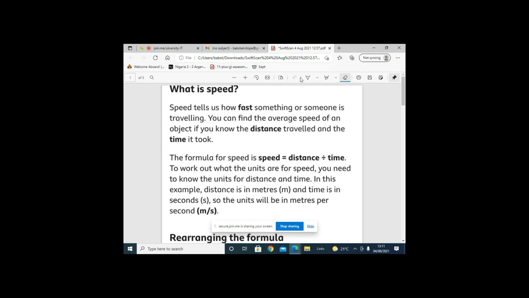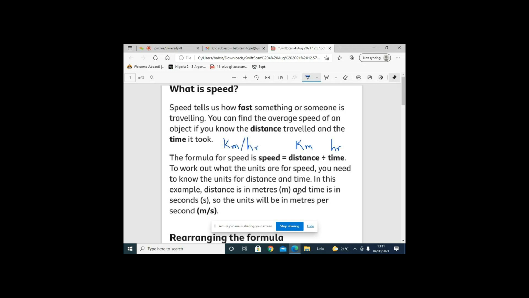I also said that speed has different units. The first unit for speed is meters per second. If the distance is in meters and time is in seconds, the unit of speed is meters per second. If the distance is in kilometers and time is in hours, the speed is in kilometers per hour.